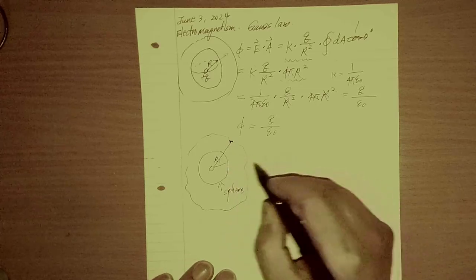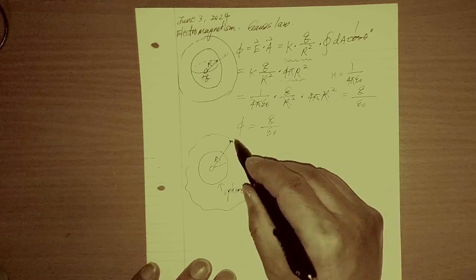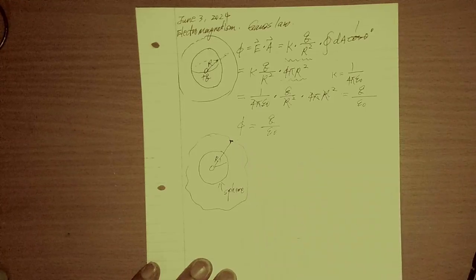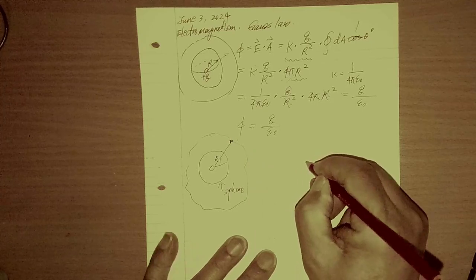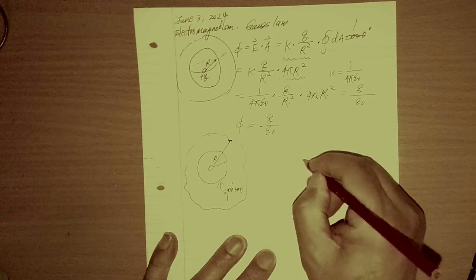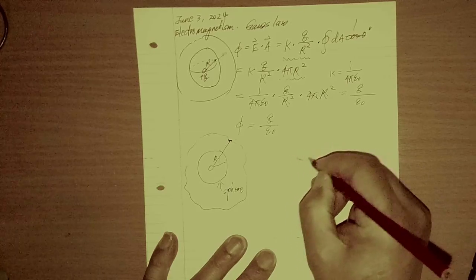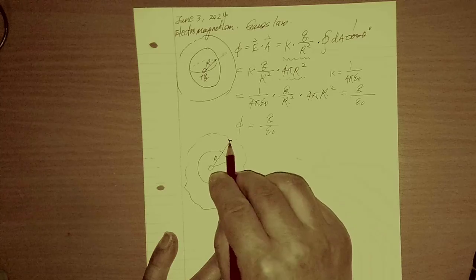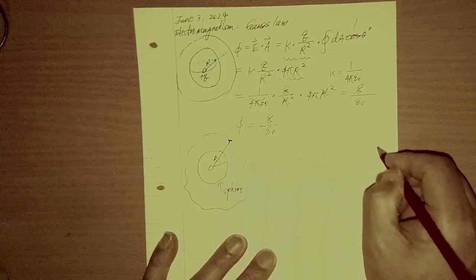So the red one is the little area dA of this random shape.